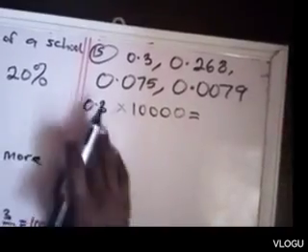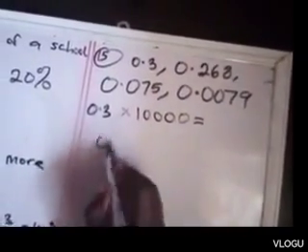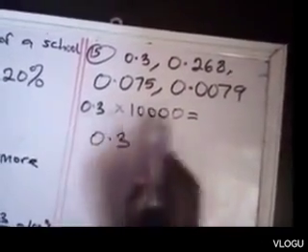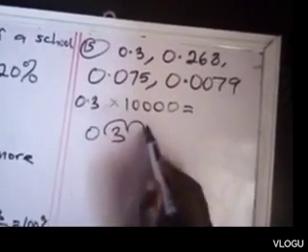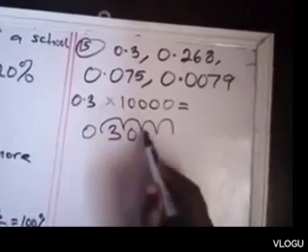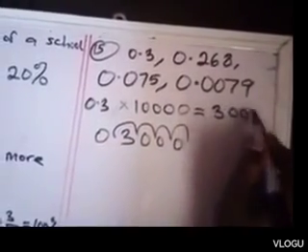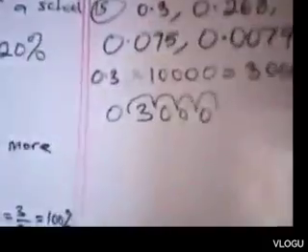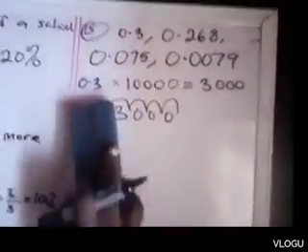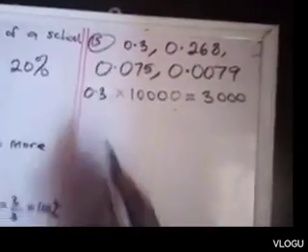Let me show you what I'm going to get. 0.3 multiplied by four zeros, 1, 2, 3, 4. So that will give me 3,000.